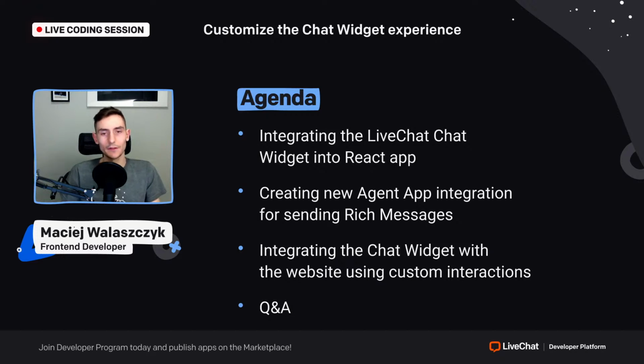Next, we will use the concept of rich messages inside the Agent app, using the Agent app SDK to send those rich messages, which we will later use to trigger custom actions inside the website that we are going to build with the Chat Widget. Basically, we are going to build this app with those three pieces together.